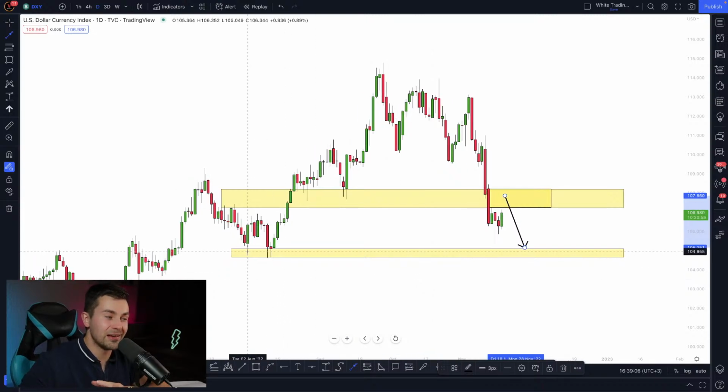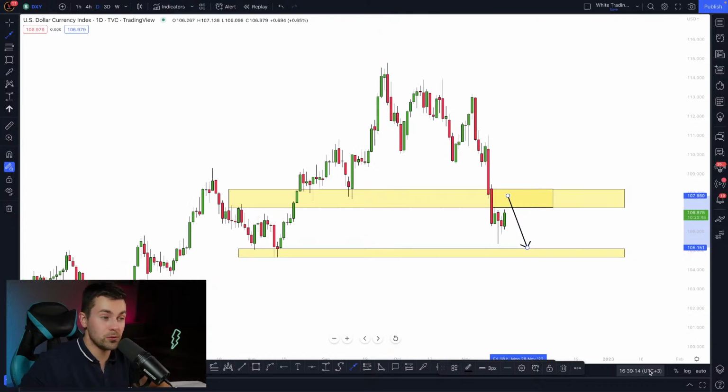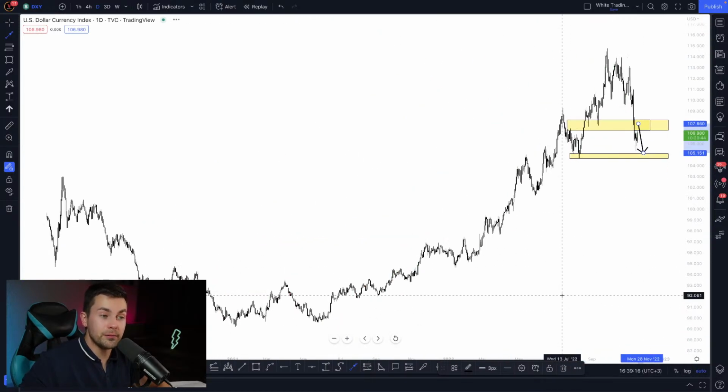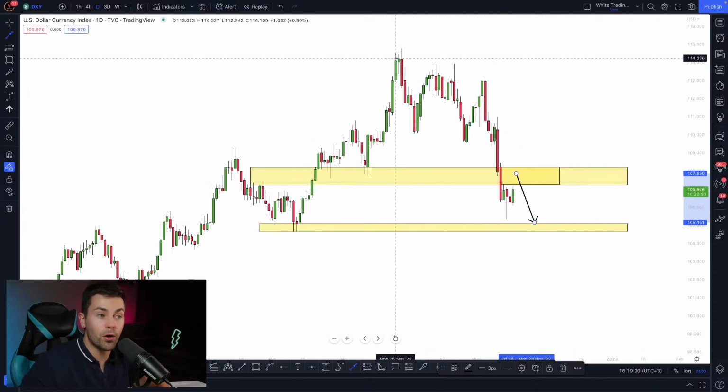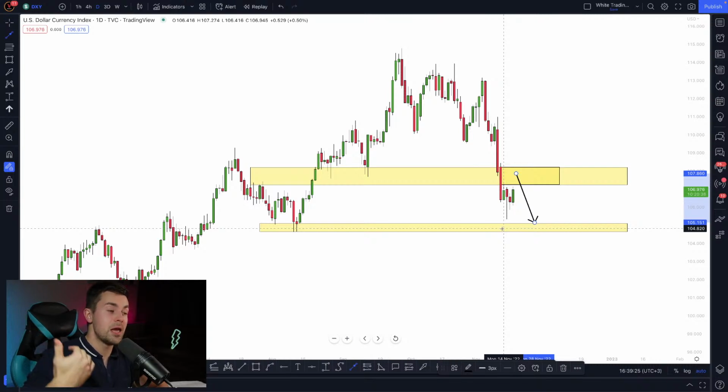I think that support will be reached. So I remain locally very bearish bias on dollar index. But globally, don't forget that we are very bullish. And so far, we treat this bearish movement right here as a correctional movement in this long-term bullish trend.